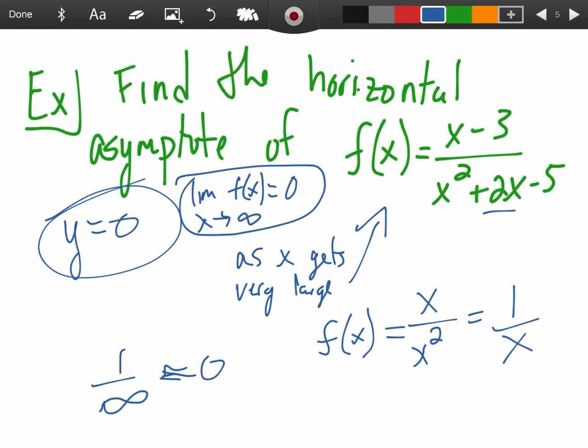Same thing with my left end behavior. 1 divided by negative infinity, well, 1 over negative 1 billion is like negative 0.000001. So my left end behavior will also approach the asymptote. If you have a horizontal asymptote, both your right end behavior and left end behavior will approach that value. So as x approaches negative infinity, it will be 0 as well.